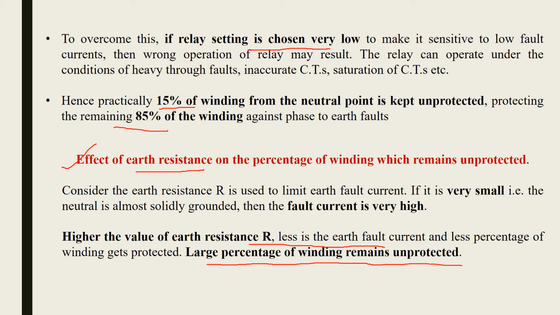Also, if the earth resistance value is taken very low, then the fault current is very high, which is not practicable. So we need to consider the earth resistance value in an effective manner so that the fault current is not high, plus the majority of the winding remains protected.